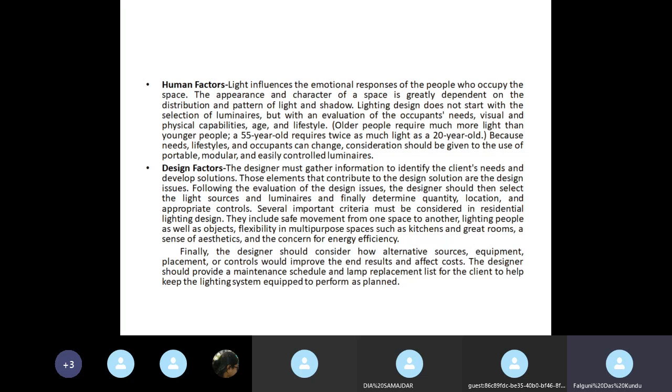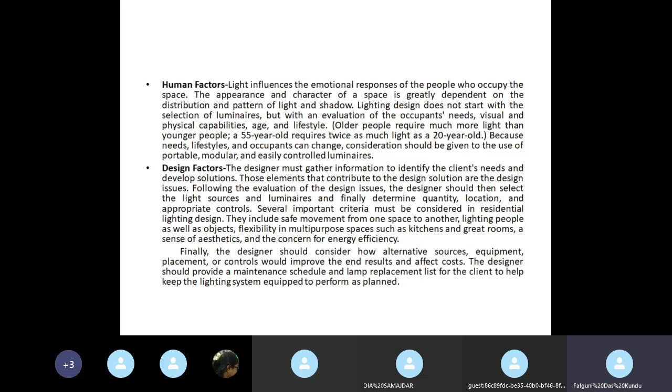So several important criteria must be considered in residential lighting design. They include the safe movement from one space to another, lighting people as well as objects, flexibility in the multi-purpose spaces such as kitchens and great rooms, a sense of aesthetics and the concern of energy efficiency.